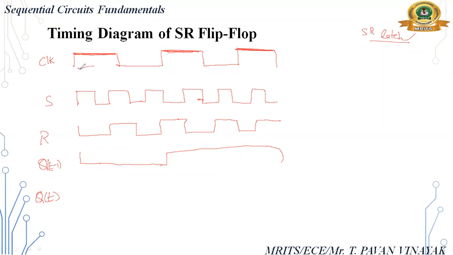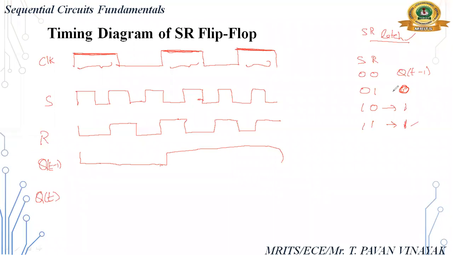In this condition only the latch will work. SR conditions: 0 0 means Q of T minus 1, right? 0 1 means reset. Reset means Q of T is 0. 1 0 means 1. 1 1 means invalid. So output is 1.